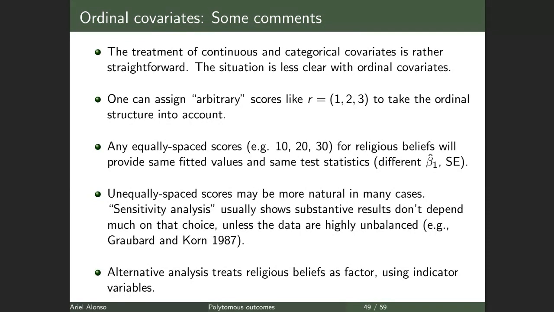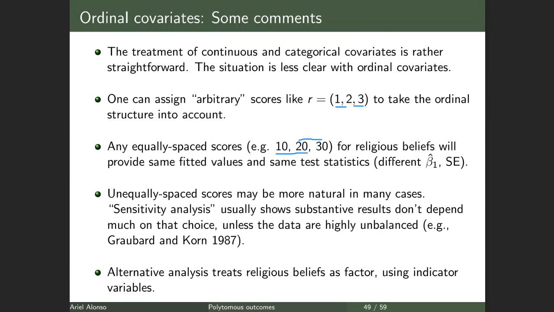Now, you can show that for any equally spaced scores, like here, the distance between 1 and 2 is the same as the distance between 2 and 3. Here, the distance between 10 and 20 is the same as the distance between 20 and 30.